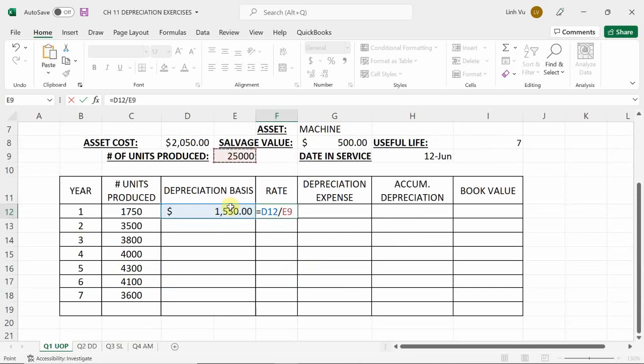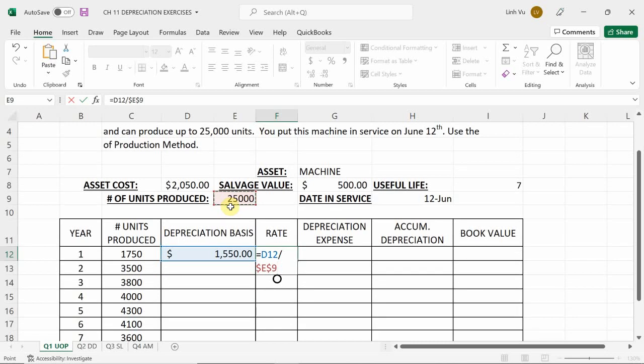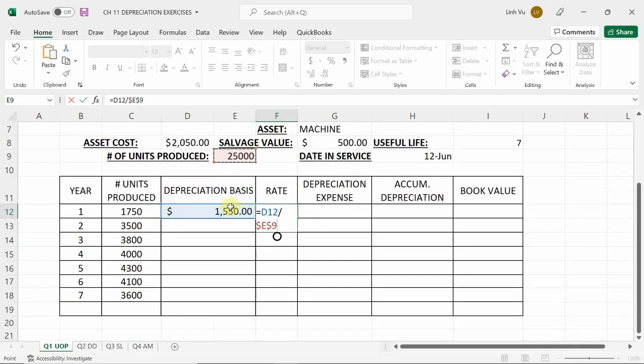So 1,550 over 25,000. It gives us 0.5732?